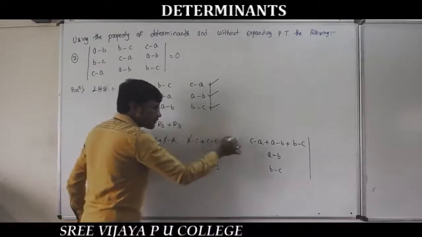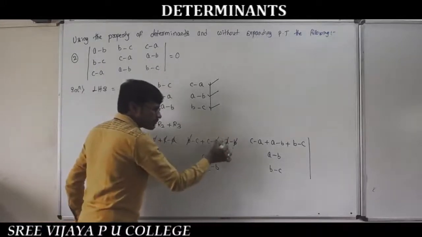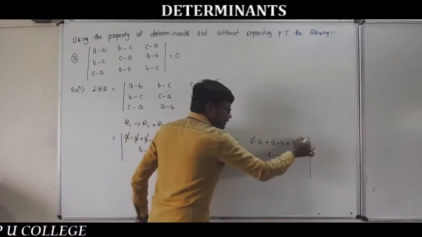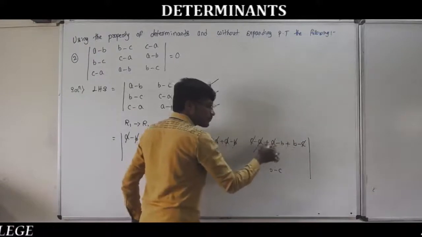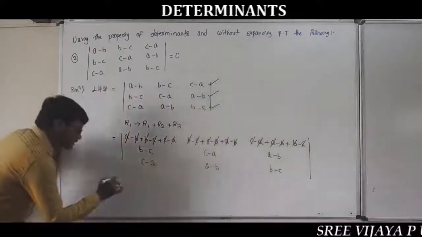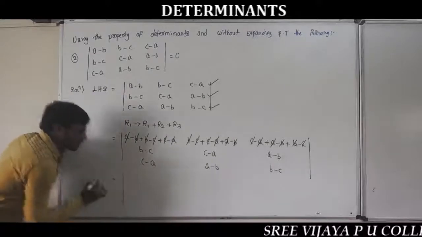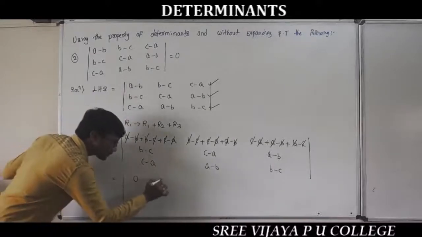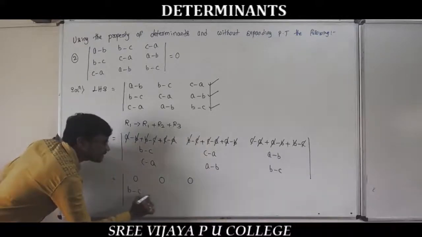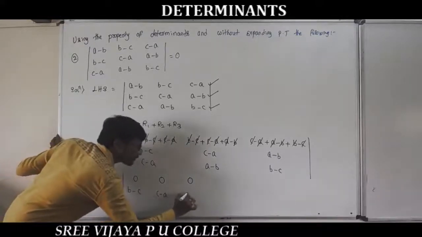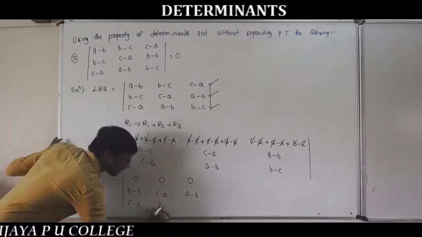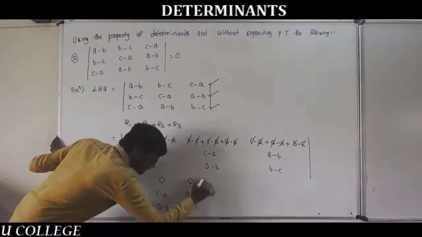Same plus B minus B, minus A plus A, minus C plus C, plus C minus C, minus A plus A, minus B plus B getting cancelled. So what is remaining? Determinant of 0, 0, 0, B minus C, C minus A, A minus B, C minus A, A minus B, B minus C.